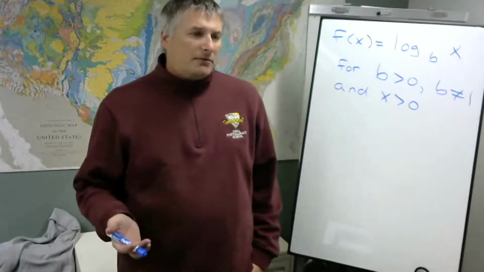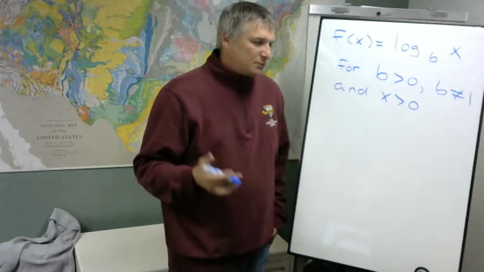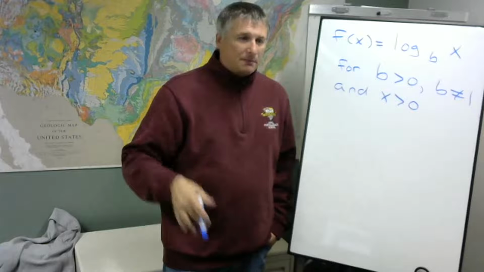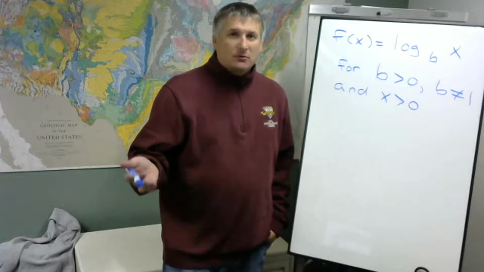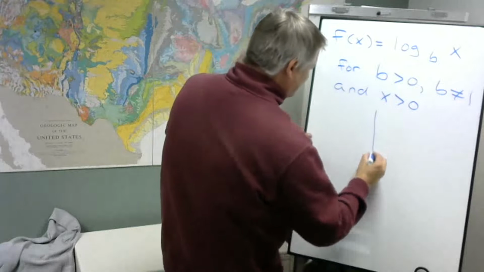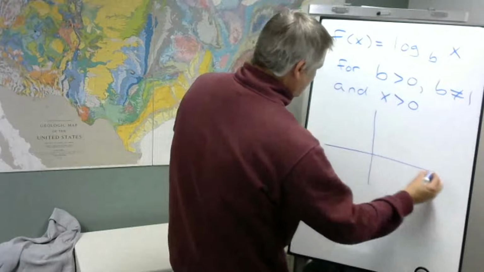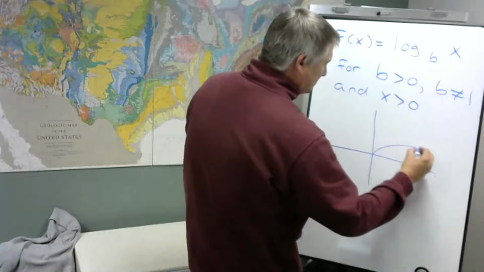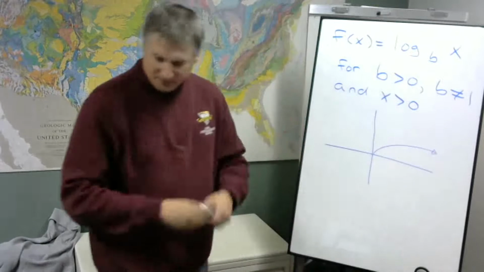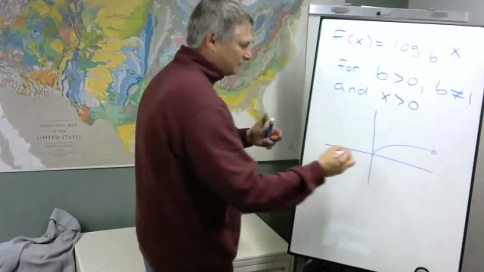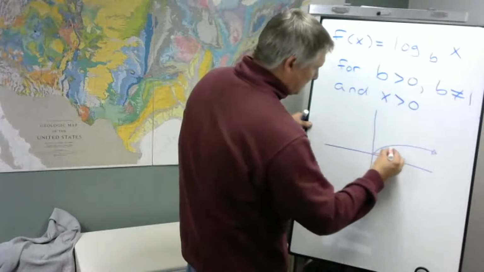Well, if we recall, for an inverse function, it's reflected over the line y equals x. And that gives you the inverse function. So for example, recall, let's say we have a positive square root function, then the inverse of this is going to do something like this.